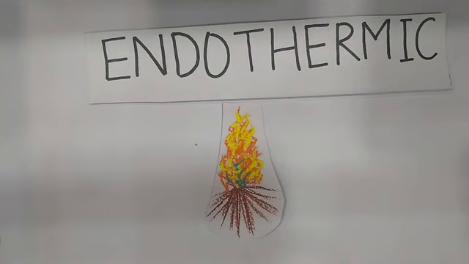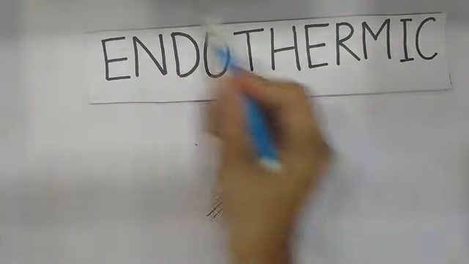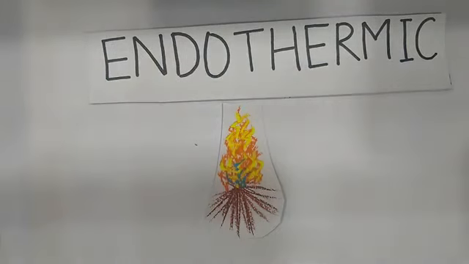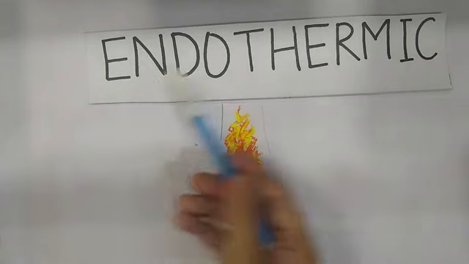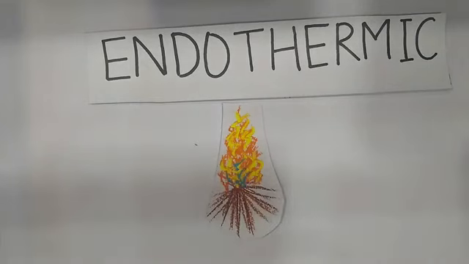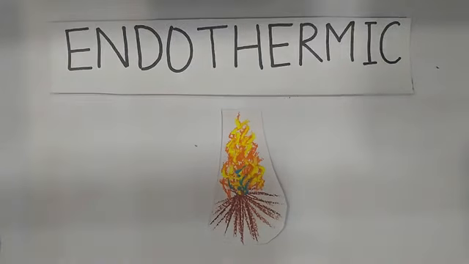Looking at the word endothermic, endo means taking in, thermic means anything related to heat, which can also be sunlight. That is why the whole word means that it takes in heat. So it either takes in heat or any other form of energy that is required to break down the compounds.